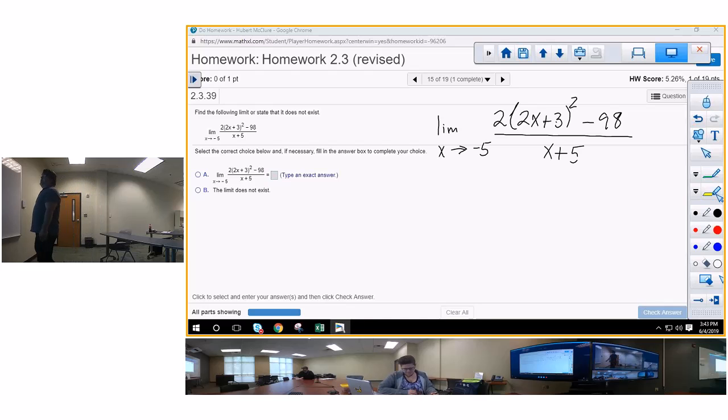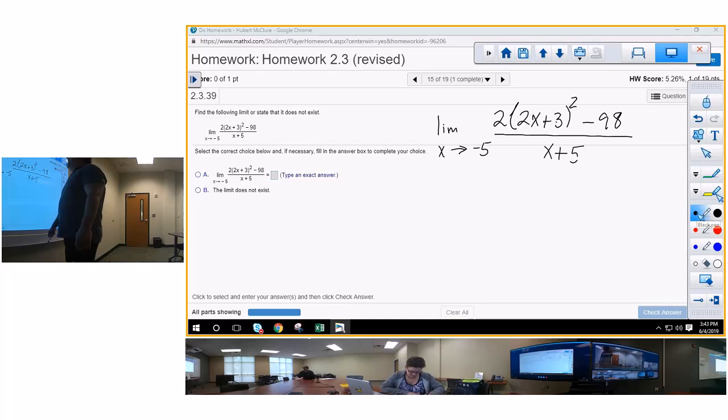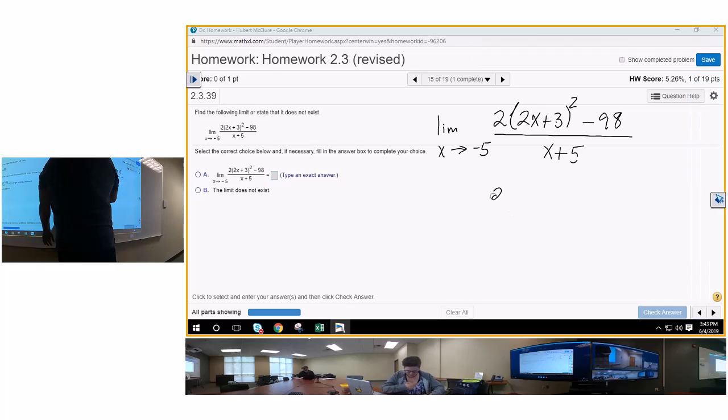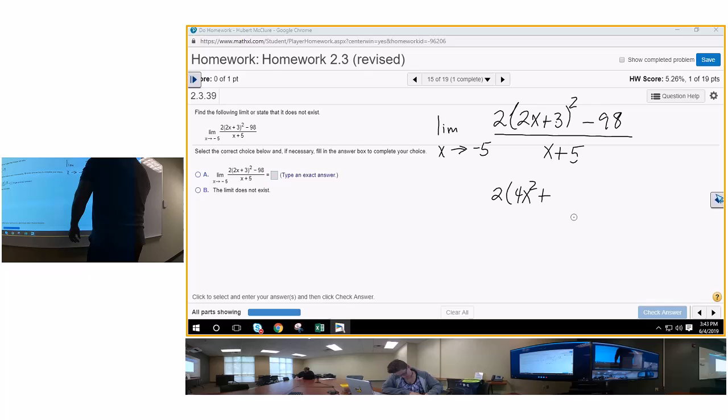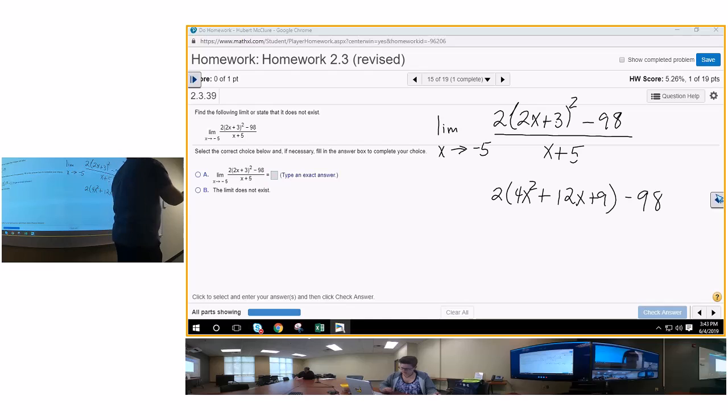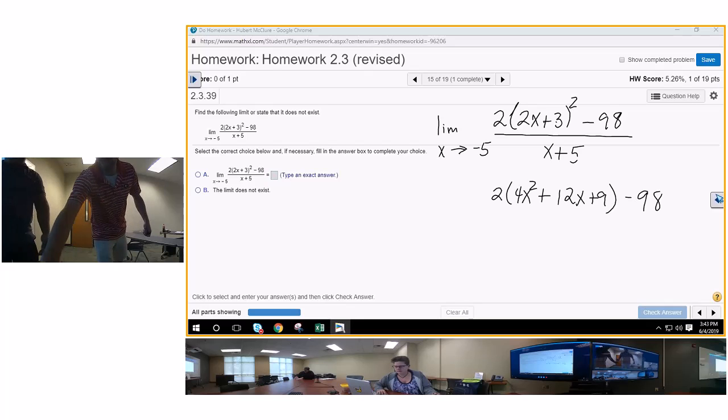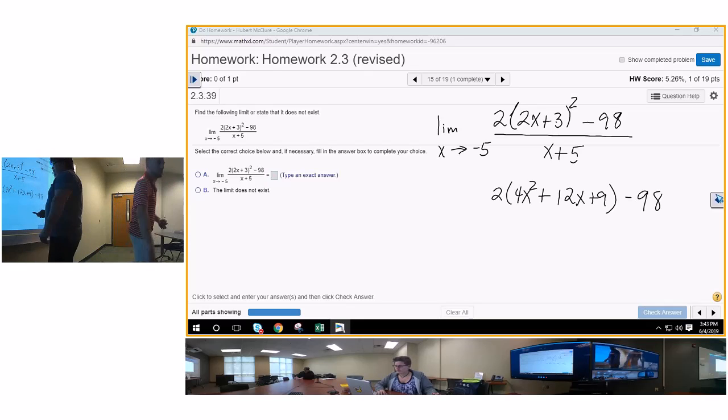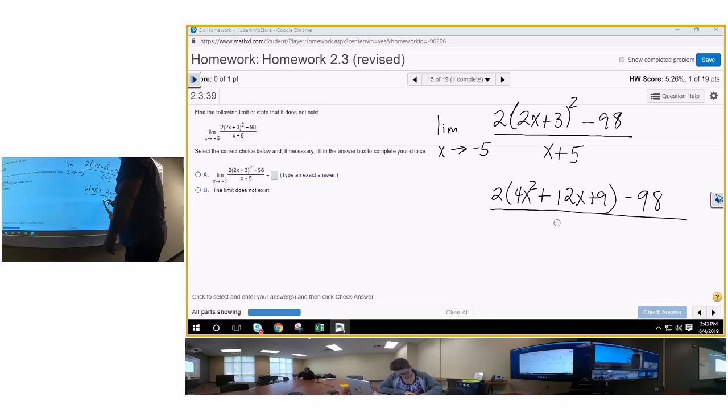Shortcut number 1, 2x plus 3, quantity squared. You can multiply that out and get 2 times 4x squared plus what? 12x plus 9 minus 98, over x plus 5.